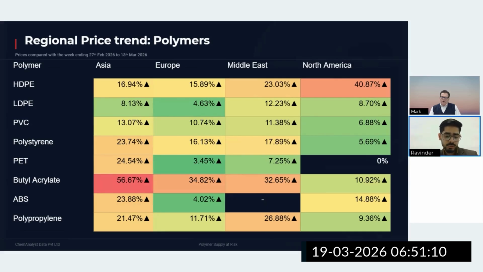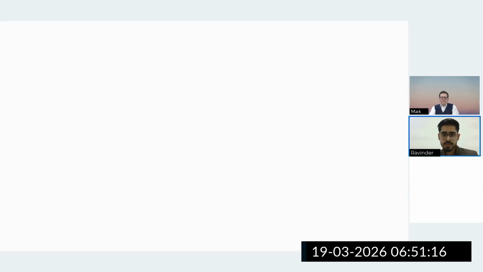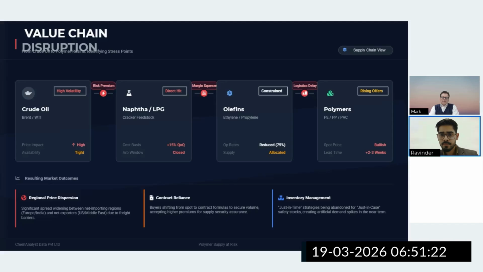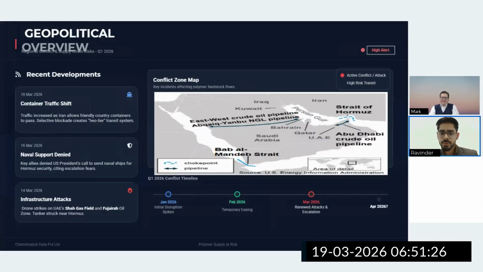This is another choke point. If I show you in the graph, here you can see there is another choke point that is called Bab al-Mandeb Strait.